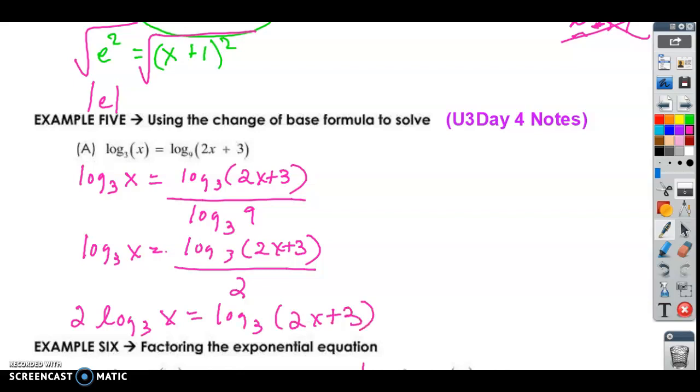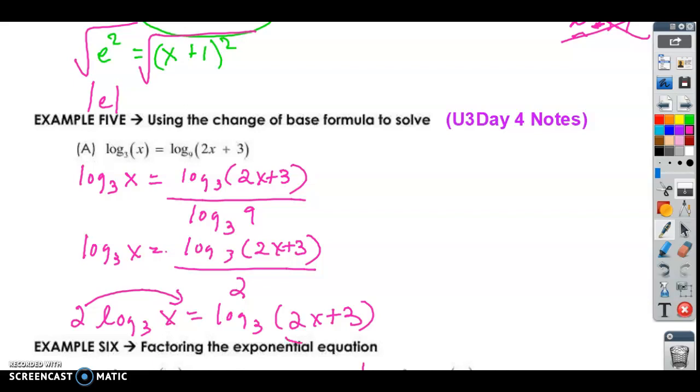We're getting somewhere. We are getting somewhere. This is amazing. Okay, now, if we can just get log base 3 of some stuff equals log base 3 of some stuff, we can set those somethings equal and then get rid of the logs. So let's do it. Let's move that 2 that's in front, using those log properties, as an exponent.